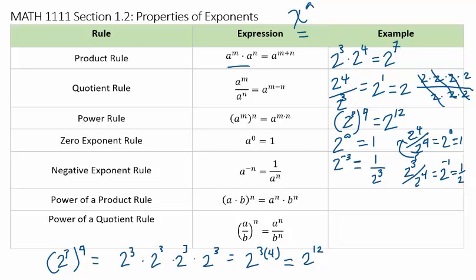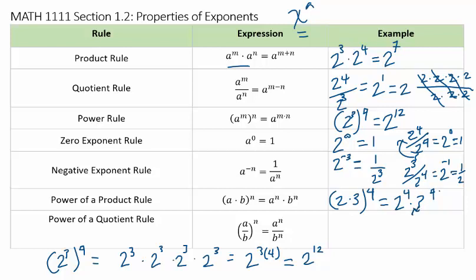The power of a product rule: a times b to the n, you raise both of those factors to the nth power, a to the n times b to the n. So 2 times 3 to the fourth. One option is just to take 2 to the fourth and then raise 3 to the fourth and evaluate.